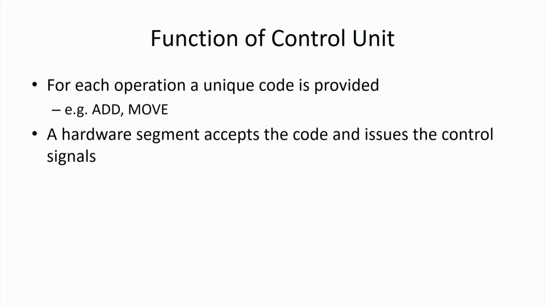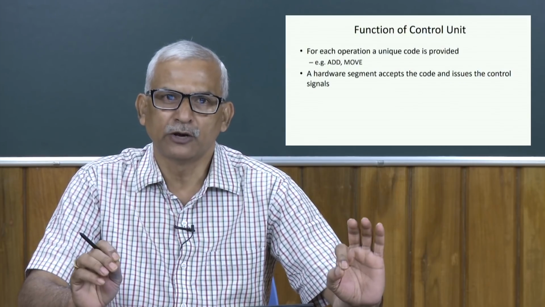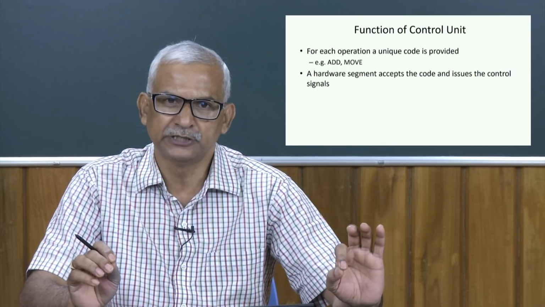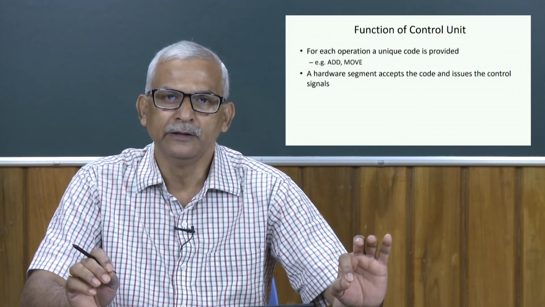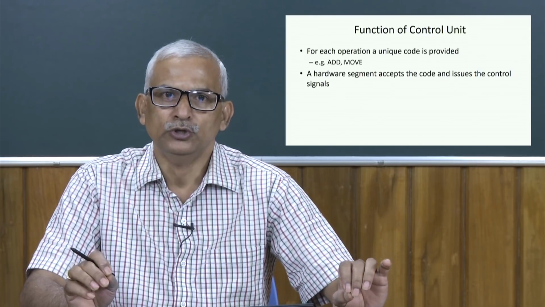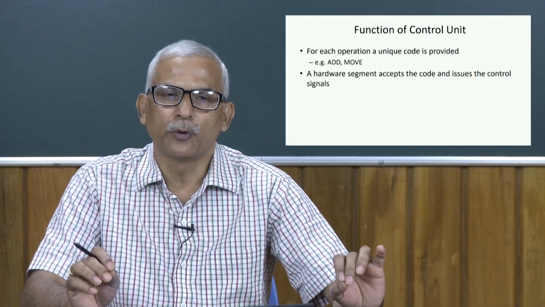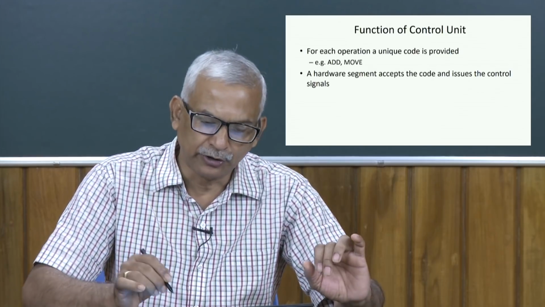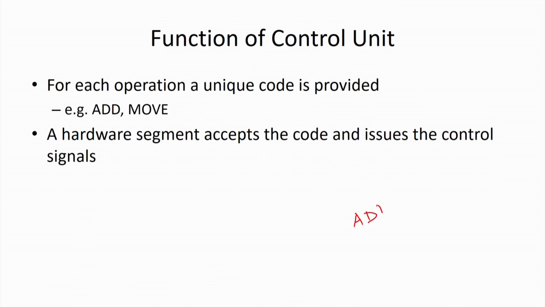What is the function of the control unit? Inside a processor we have several operations, and each is an instruction of the processor, and we have an instruction set. For every instruction we are going to provide a unique code. For example, I can perform an add operation. For that add operation we give a unique code, because we are going to work with binary digits only, zeros and ones.